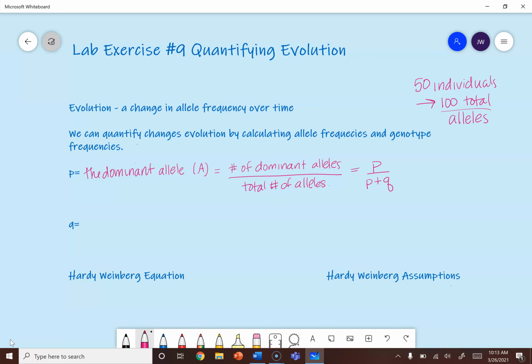But if you remember that we're looking at the total number of alleles on the bottom, you'll be good. The problem will either give you a number of dominant or recessive alleles directly, or you might have to calculate the number of recessive alleles. And we'll talk about that part in just a minute.